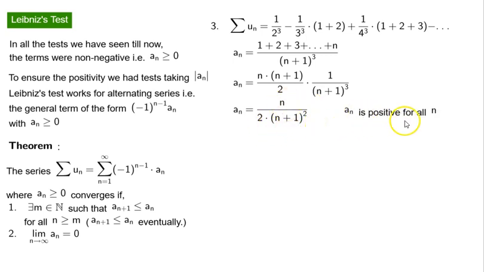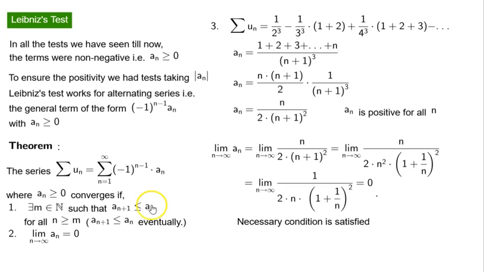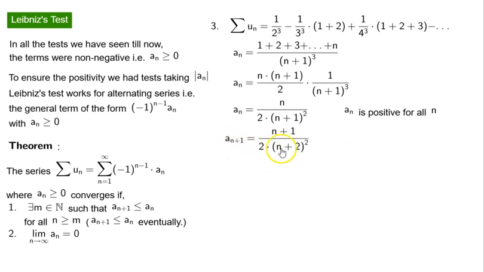Here again a sub n is positive for all n. Now let's take the limit of this term as n goes to infinity. Going through the steps of finding the limit, we notice that it is equal to 0, which means the necessary condition is satisfied.